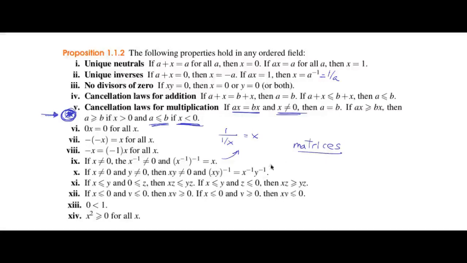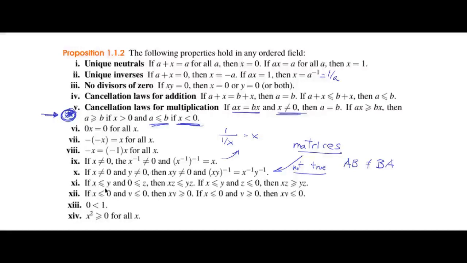When you have matrices, this thing is not true, because the multiplication for matrices is not commutative. A times B is not B times A in general, and so the inverses of these products are not the same. So just remember that. But with real numbers, this is true.